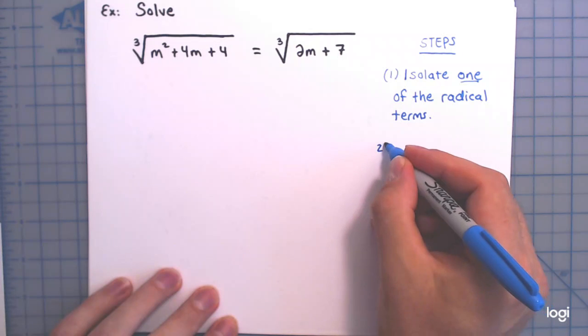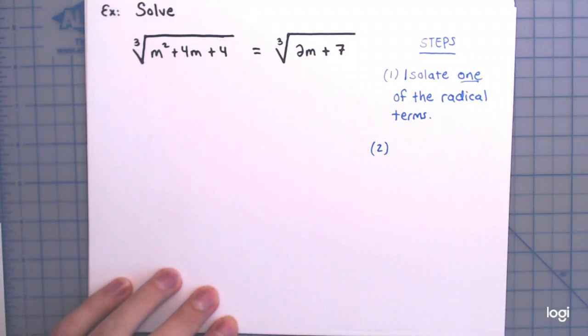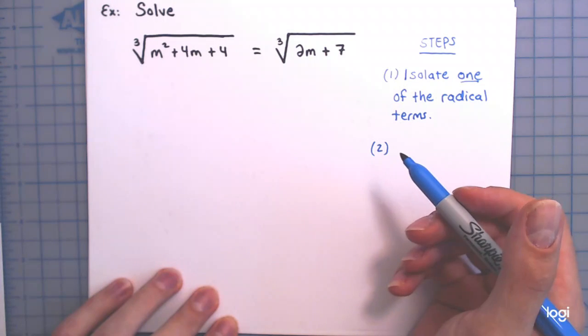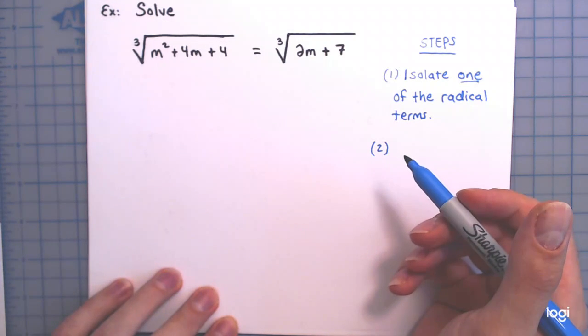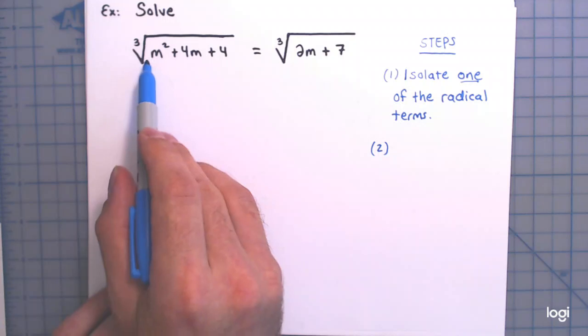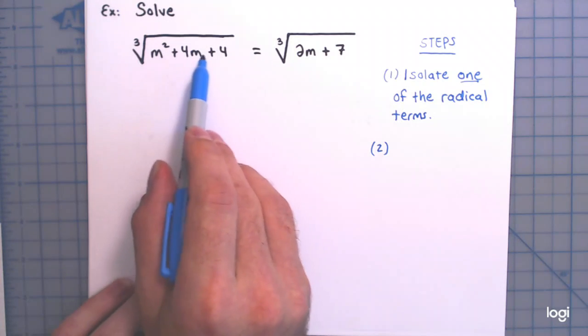Notice how that's very similar to the previous video I put up on solving equations containing one radical, where you first isolate the radical term. Then this second step is also the same as the second step when we were solving an equation with one radical term. So let's say I'm looking at this radical here. This is isolated.